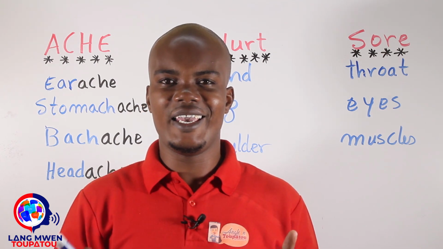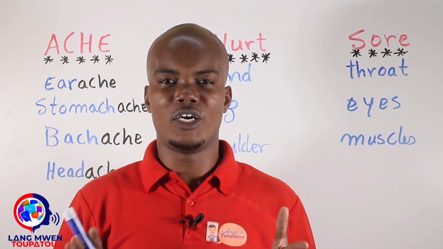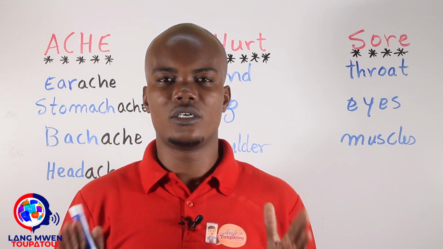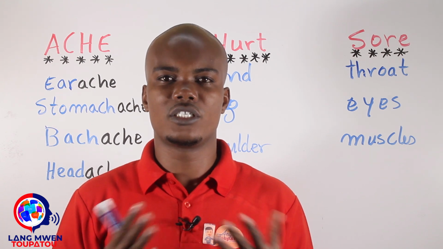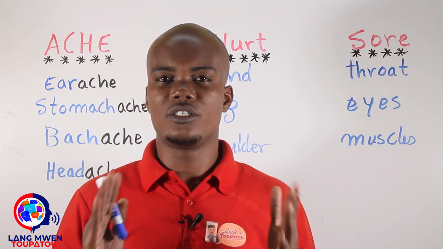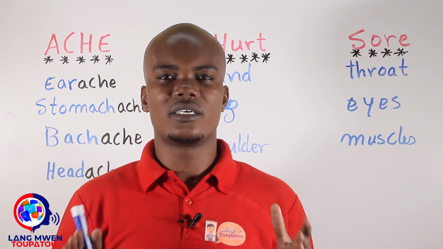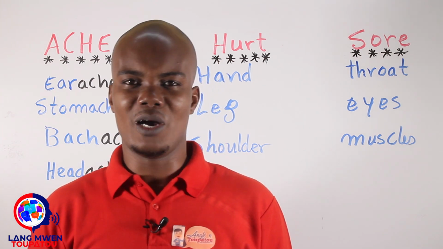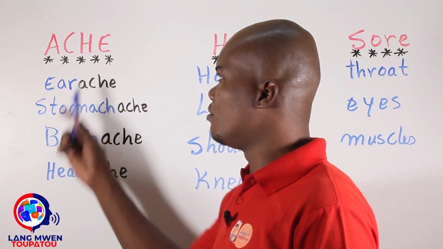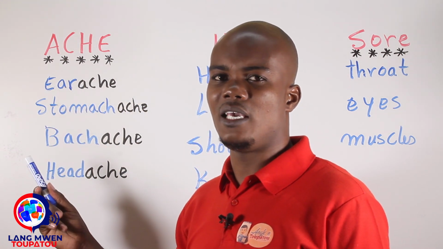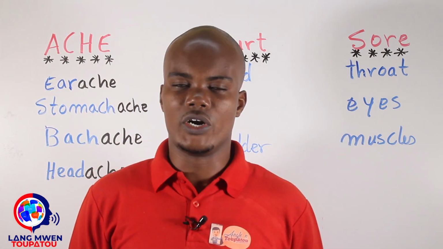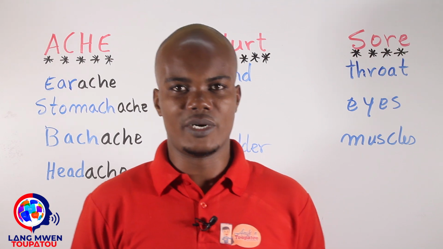Again, ache, hurt, sore. You got a sore. Ache, hurt. Now you can say it yourself while watching the video. Okay, you say this as ache, hurt, sore. Congratulations. All right, good.